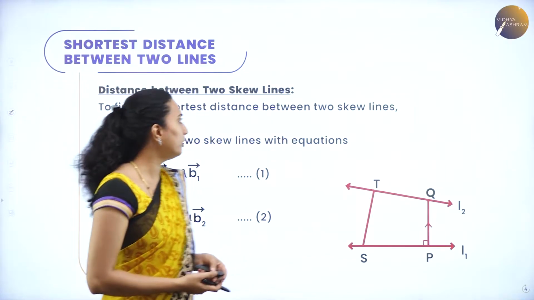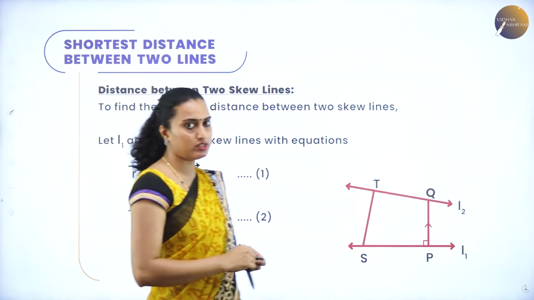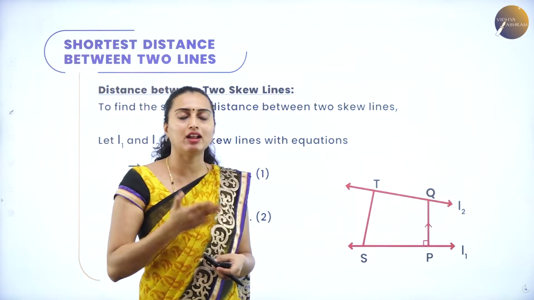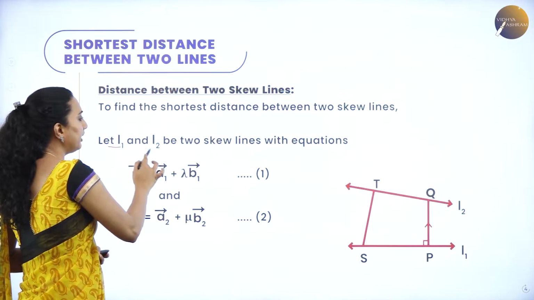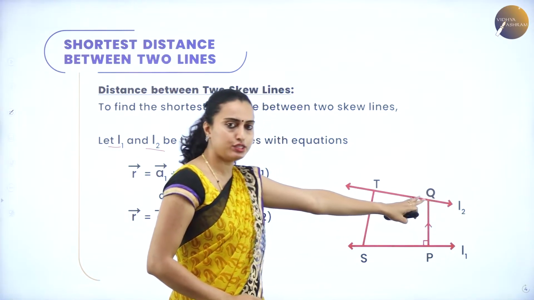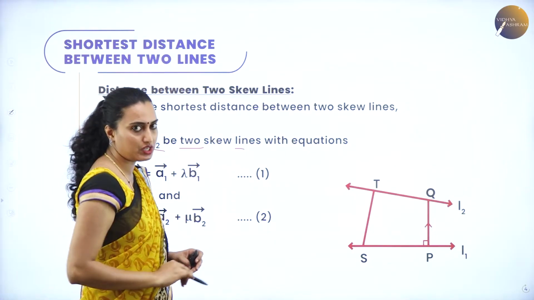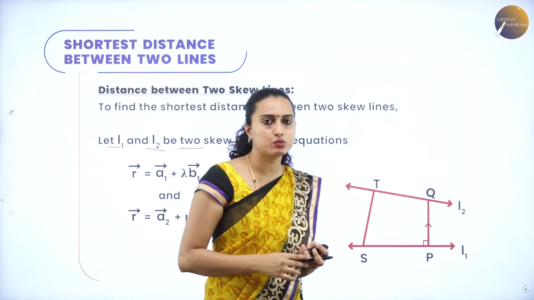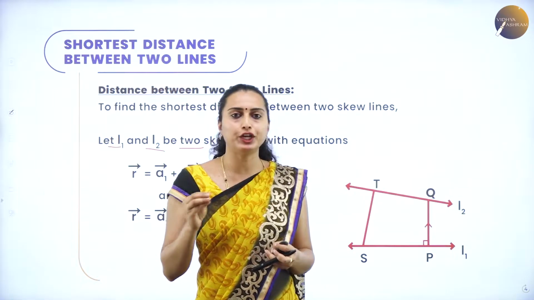Now we'll be moving on to the derivation of the distance between two skew lines. Skew lines means they are neither parallel nor intersecting. Here, let L1 and L2, see, this is the line L1 and the line L2, be the two skew lines with the equations r vector equals a plus lambda into b vector.